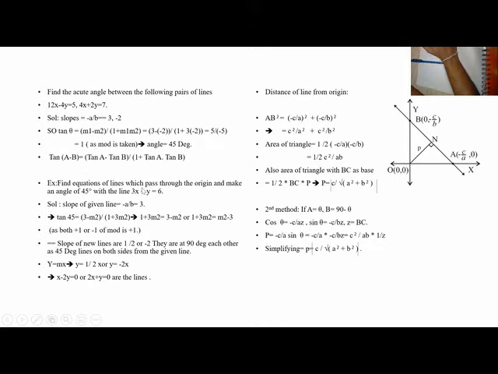Find the equation of the line passing through the origin and making an angle of 45 degrees with this line. Here tan theta is tan 45, and m1 we get from this. m1 is minus a by b, minus 3 by minus 1, that is 3. When I substitute tan 45 is (m1 minus m2) by (1 plus m1 m2) and simplify, I am getting m2, both plus 1 and minus 1.